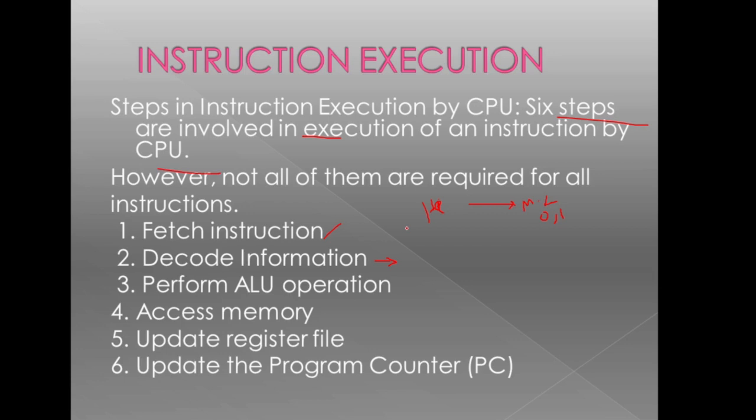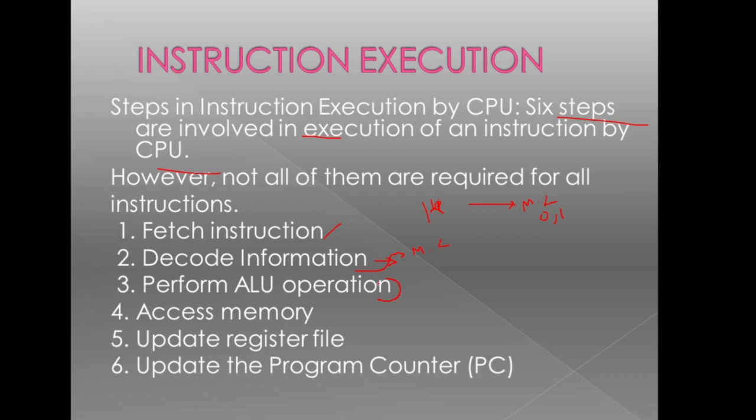The first stage is fetch. Afterwards, it will decode, that means it will convert it into machine language as zeros and ones. The second stage in the instruction execution is decoding the information. Then it will perform the ALU operation.